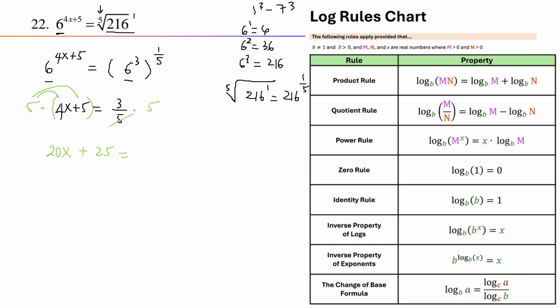That equals 3, because we cancel the 5 at the bottom. Okay, now we subtract 25 from both sides. Cancel that. We have 20x on the left hand side equal to minus 22.